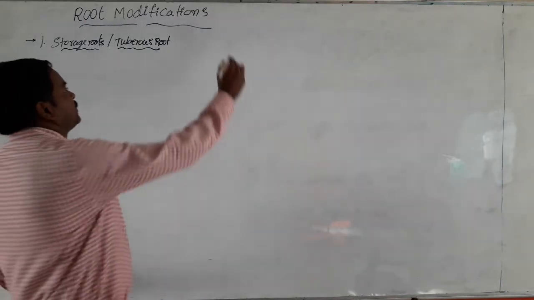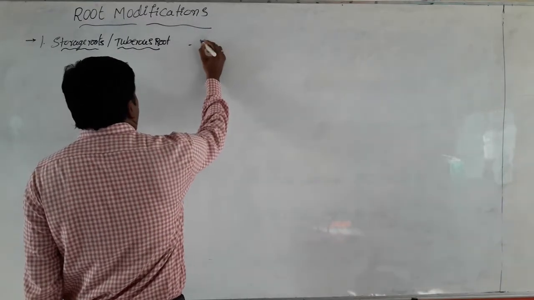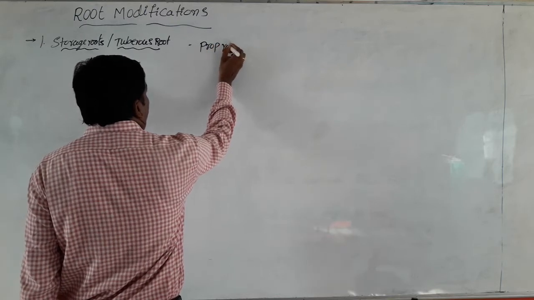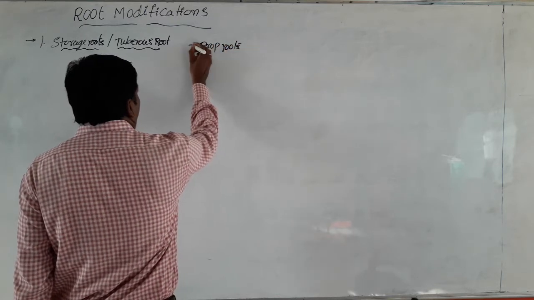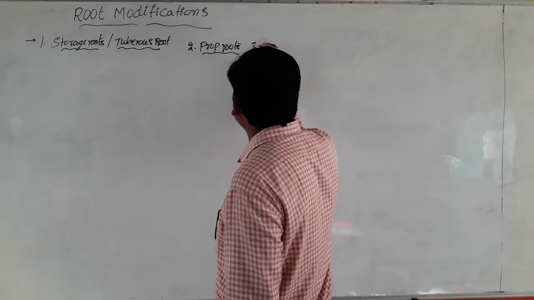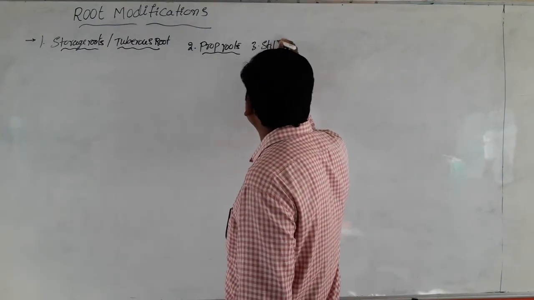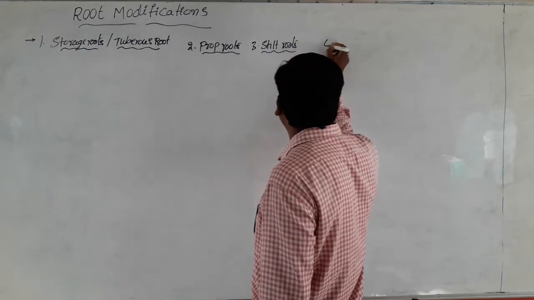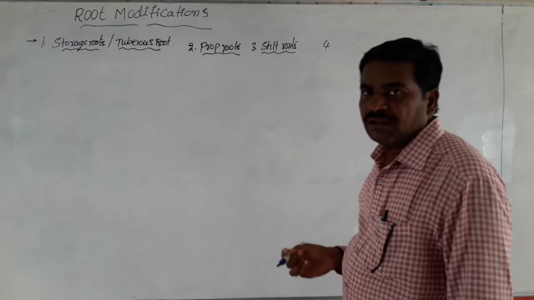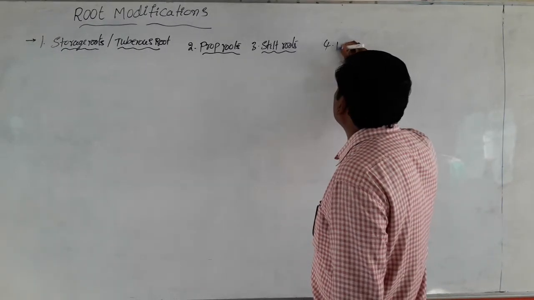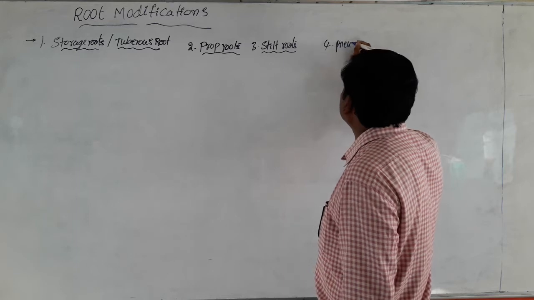Second one is prop roots. Third one is stilt roots. Fourth one is called pneumatophores.